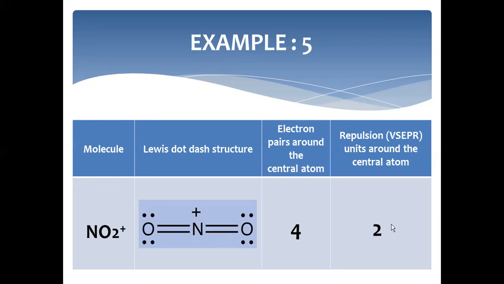Whether it is single, double or triple, it's considered as 1 repulsive unit, and each lone pair is also considered as another repulsive unit. According to that, we have done 5 examples to determine the VSEPR unit around the central atom.